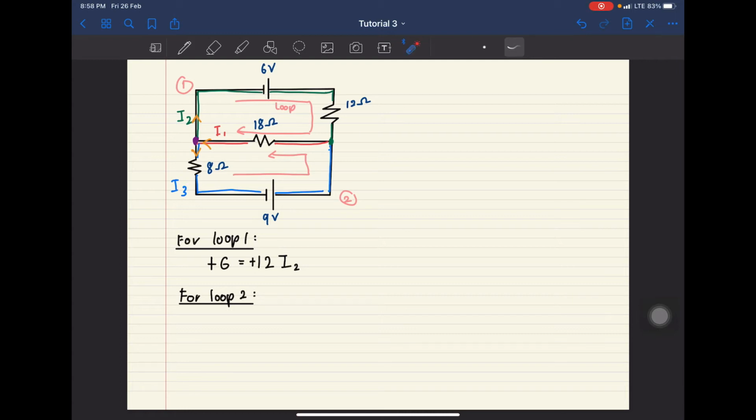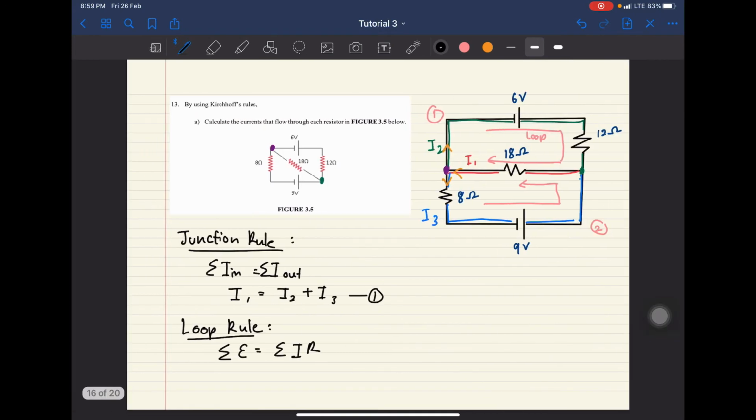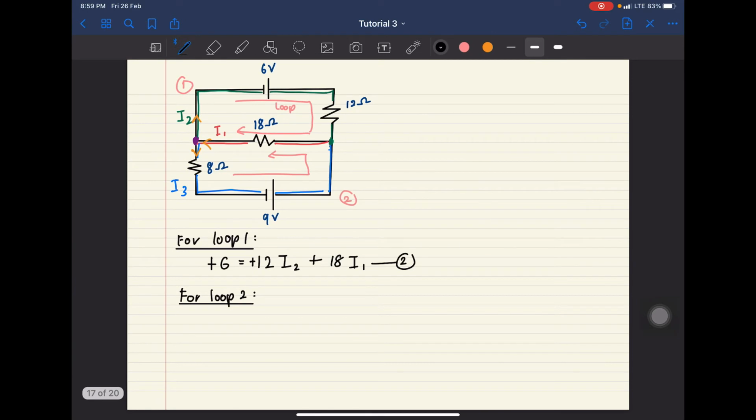And then for the second resistor, loop direction to the left, current direction also to the left, but notice that this one is actually I1. Okay, just now is I2, this time is I1. So if you color different component, different area with different color, so it should be obvious. Over here, red color I1. So it will be positive 18 I1. So this would be my second equation. So previously this one is my first, now I have second equation.